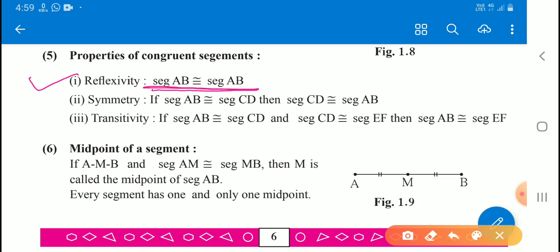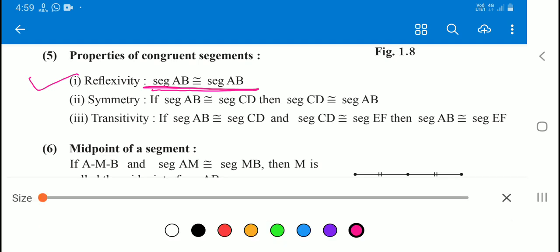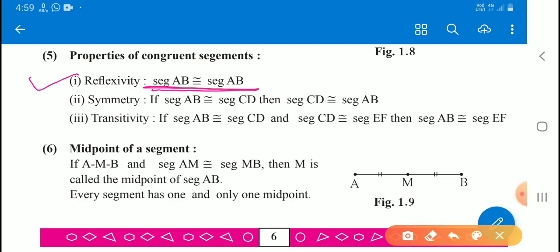You will see here segment AB is congruent to segment AB, meaning the length of both segments is equal. Now the second property is symmetry. Symmetry means if the first segment is congruent with the second segment, then the second segment is also congruent with the first segment. This is known as symmetry.